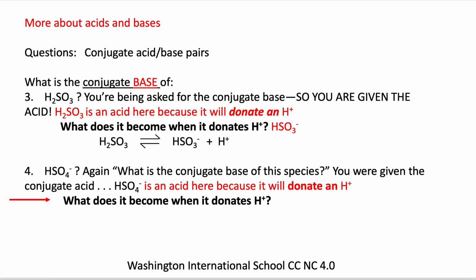Pause while you answer that one. And we've got, it becomes the sulfate ion. And look at the equation, the HSO4- and the SO4 2-, those are your conjugate acid-base pair, and the difference between the hydrogen sulfate and sulfate is an H+, a proton.